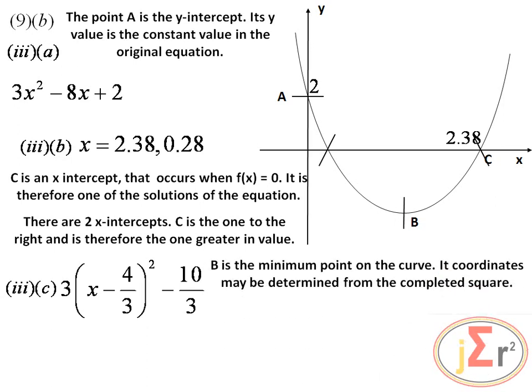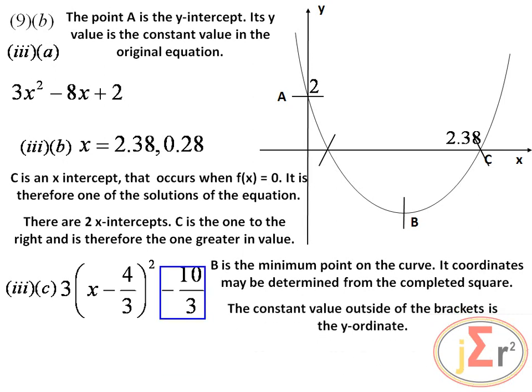Now we have the completed square and we are making use of it. B is the minimum point on the curve. Its coordinates may be determined from the completed square. The constant value outside of the brackets in the completed square is the y ordinate of the minimum point.